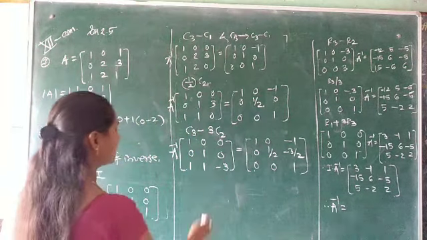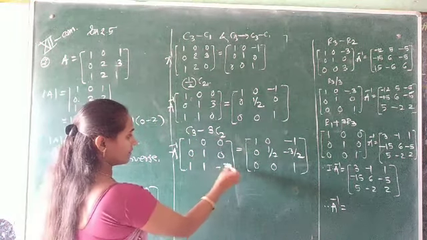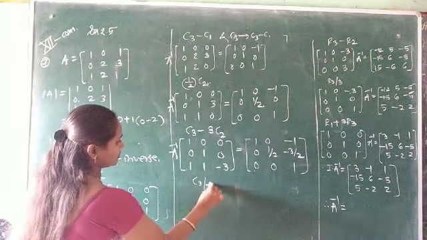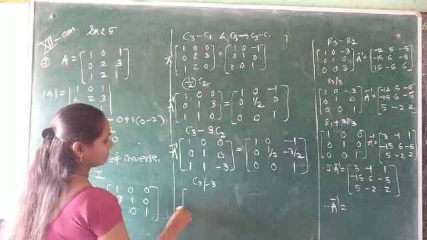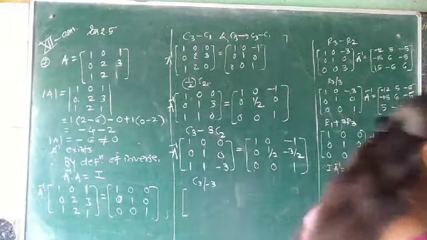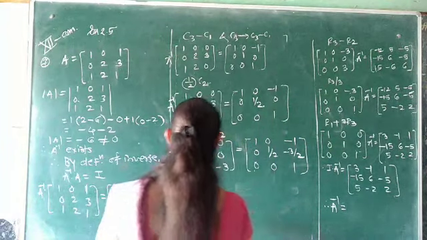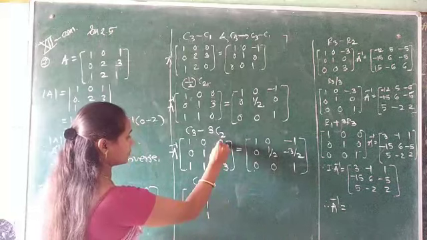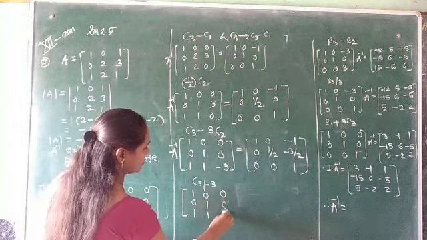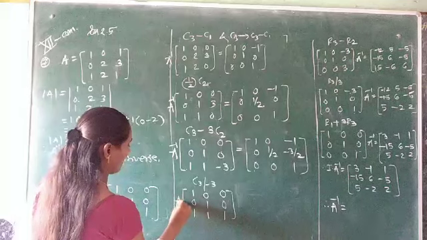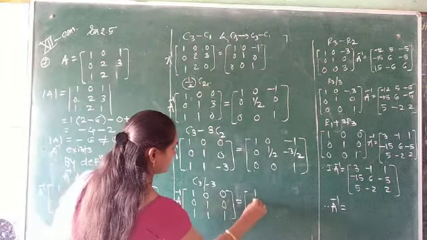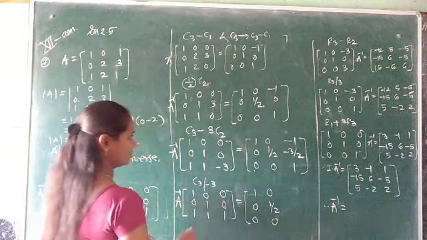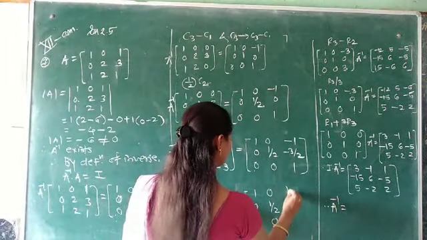Now we have to make the element into 1. So here we divide it by minus 3. And in which column is it? That is in C3. So C3 divided by minus 3. Then we will get 1 0 1, 0 1 1, 0 upon minus 3 is 0, 0, minus 3 upon minus 3 is 1. 1 0 0, 0 1 half 0, minus minus 1 by 3.